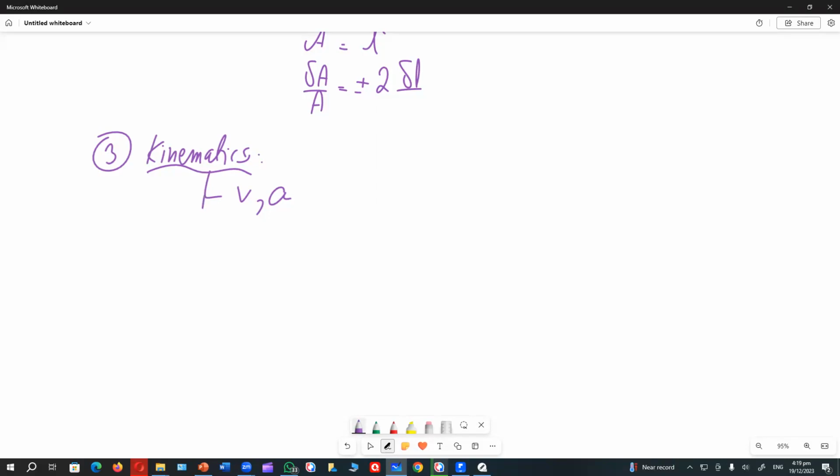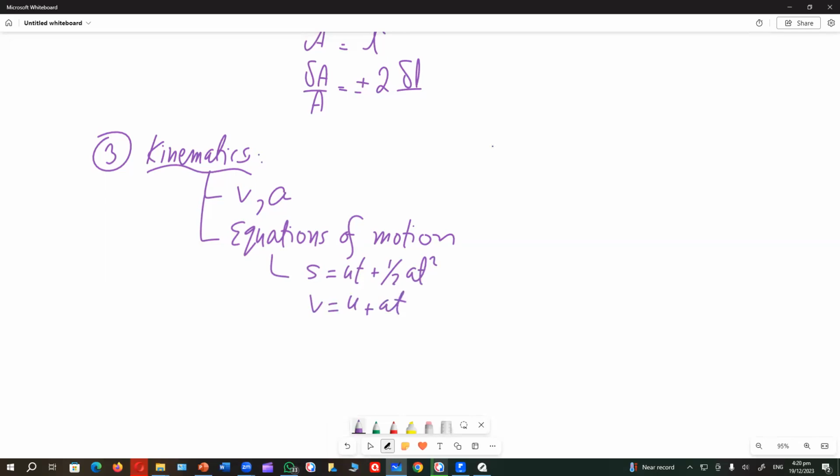After that, this chapter has some important equations of motion. Equations of motion involve s is equal to ut plus half at square, v is equal to u plus at, and 2as is equal to v square minus u square.